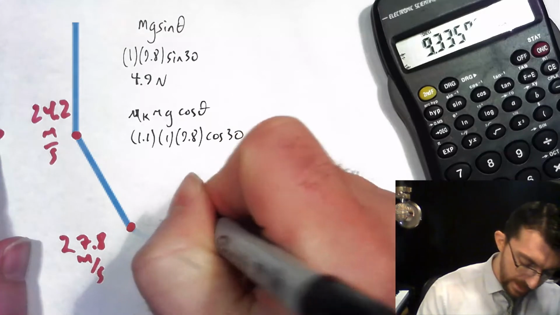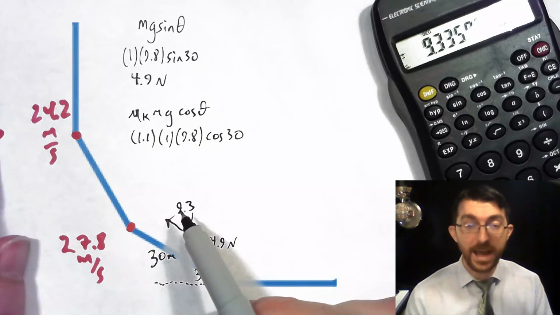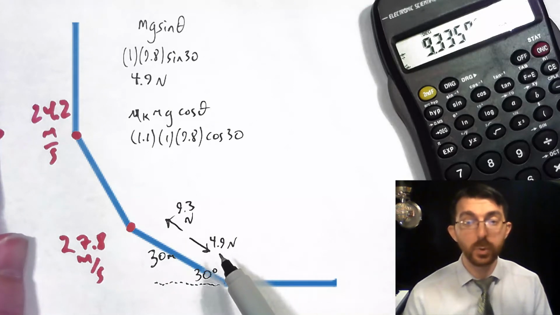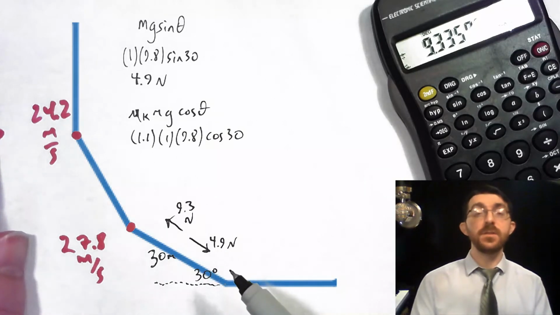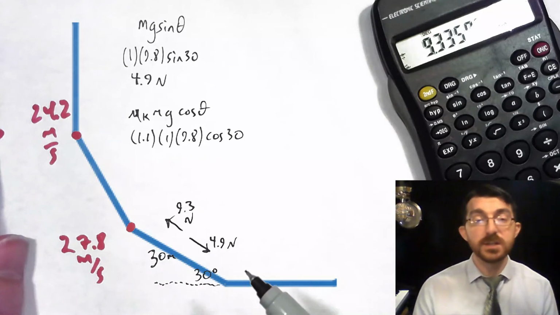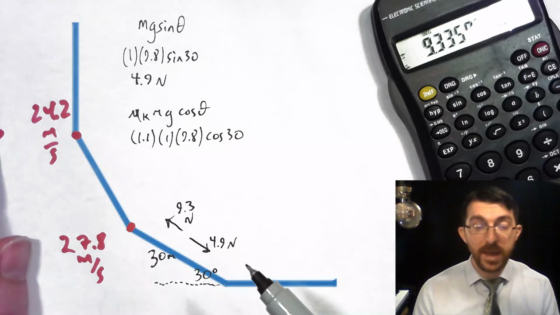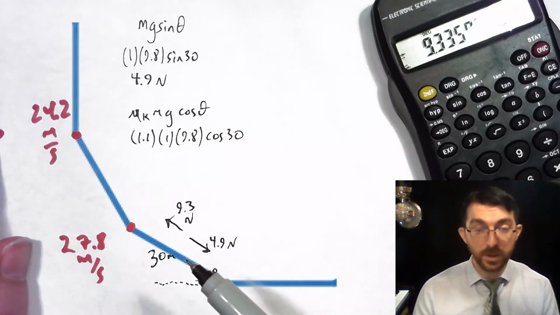So, as expected, the force of friction holding it back is stronger than the force pulling it down, which means this will be slowing down. We just need to know by how much. And in order to find that, we need to get the net force.